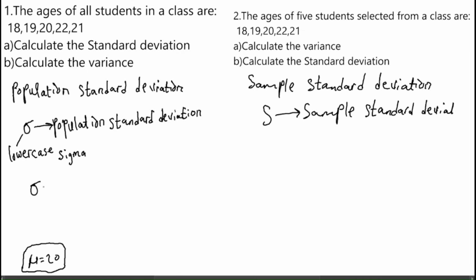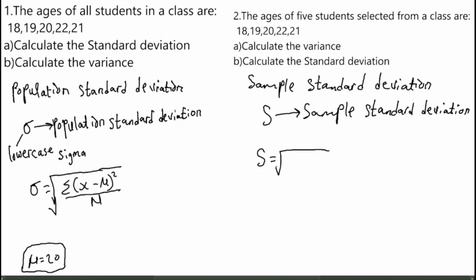The formula for population standard deviation is the square root of the summation of x minus population mean, squared, divided by n. And the formula for sample standard deviation is the square root of the summation of x minus the sample mean, squared, divided by n minus 1. The main difference between the two formulas is the denominator. We call this Bessel's correction.